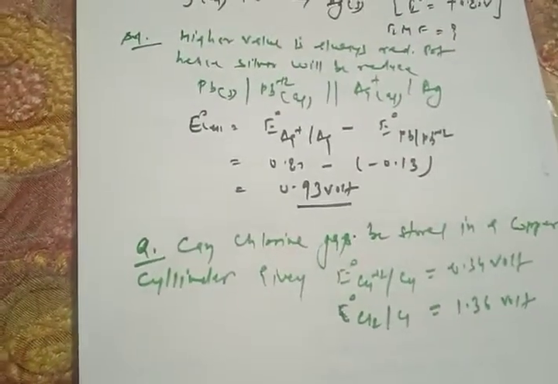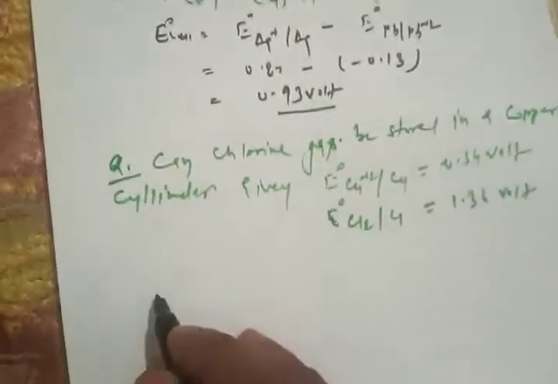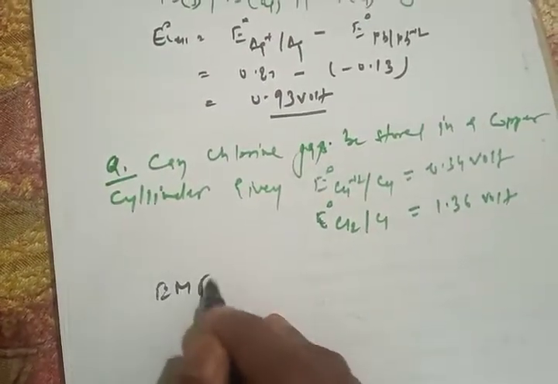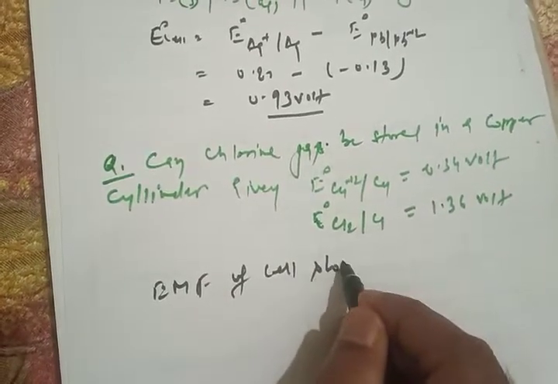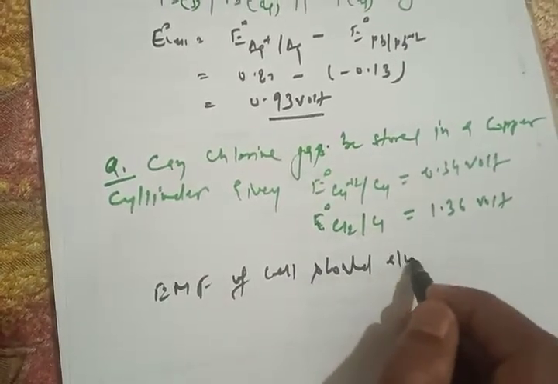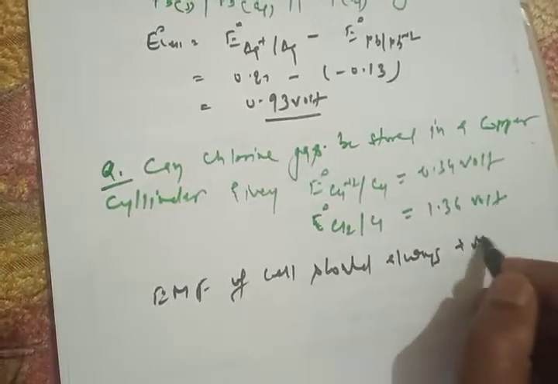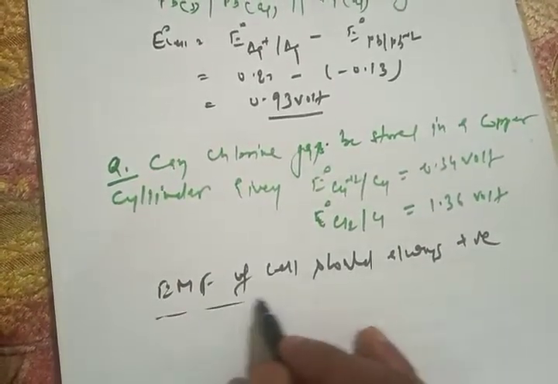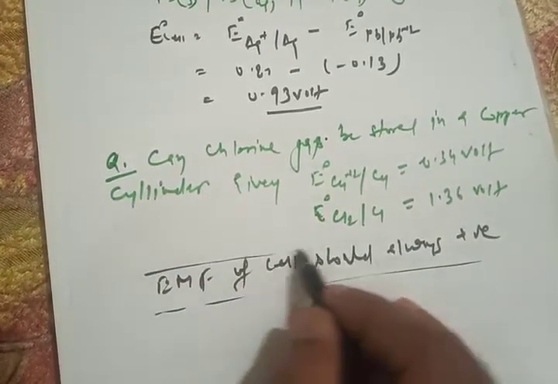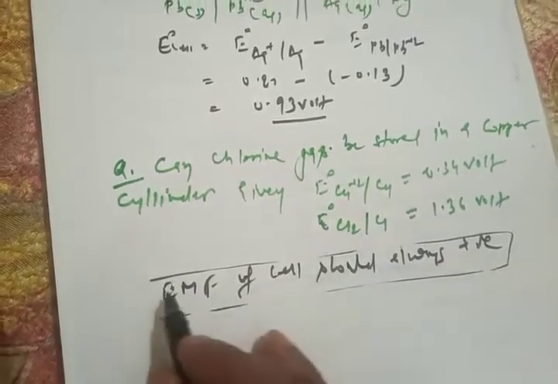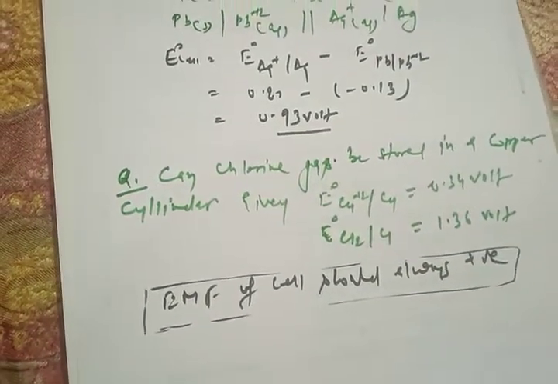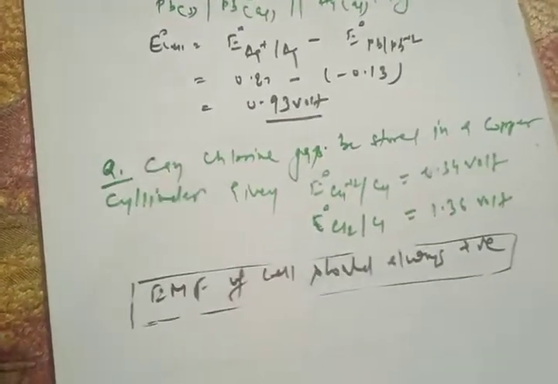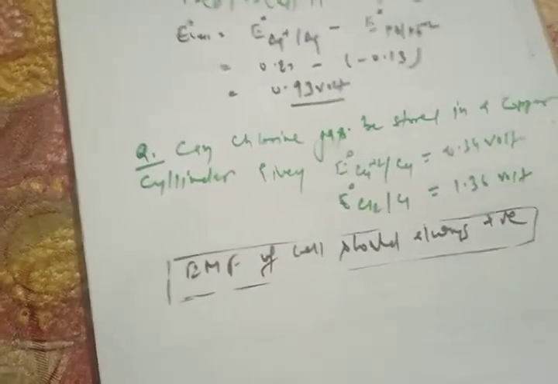Last, the EMF of the cell should always be positive, it can never be negative. This you should keep in mind. If it is negative, then the cell reaction is not correct. So the EMF of the cell should always be positive. So this is all about this lecture.